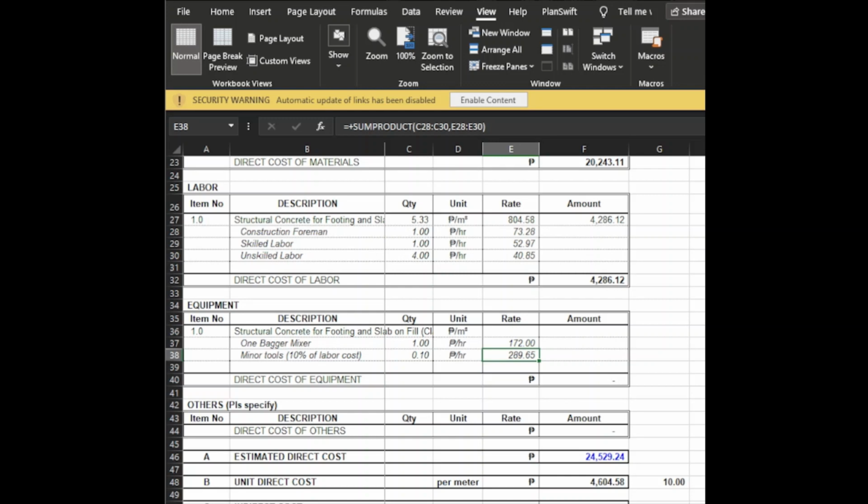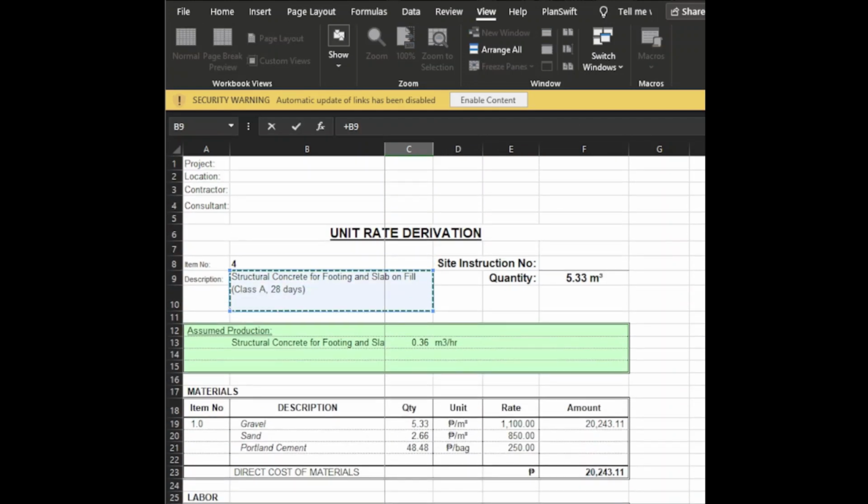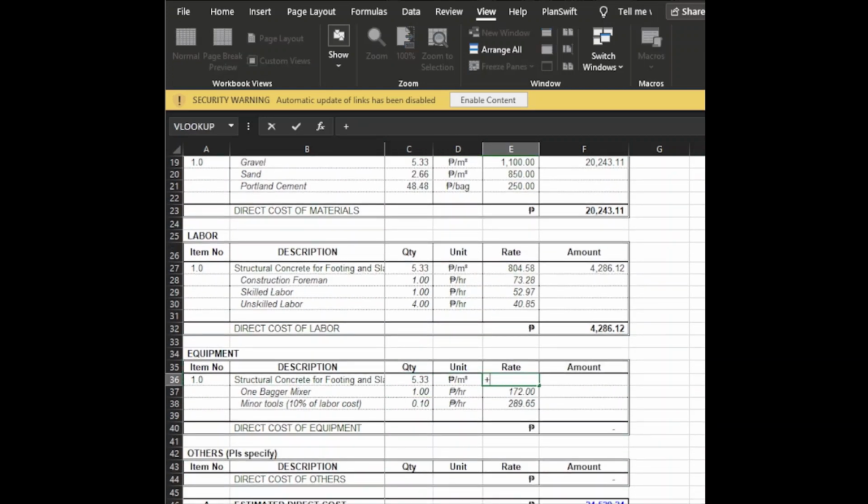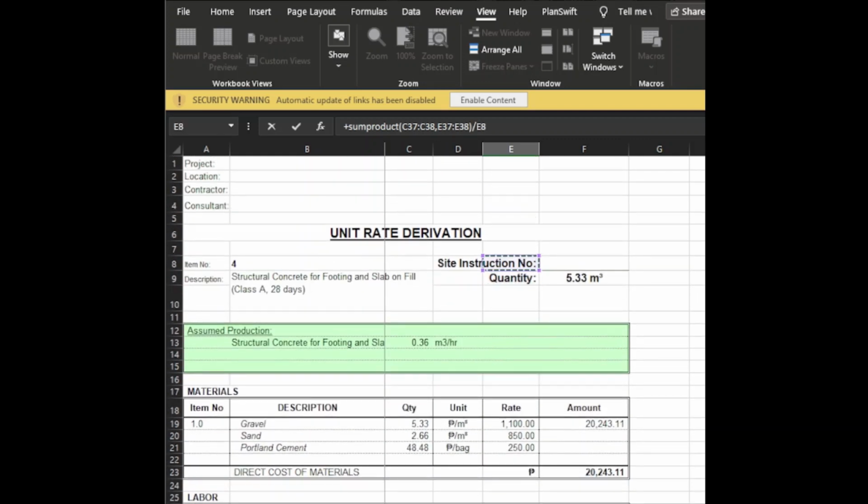So as the previous one, we will just make the sum product of this labor. So that formula, then we will get the quantity, and we will compute the per cubic meter sum product again of this one, then divide it by assumed production.